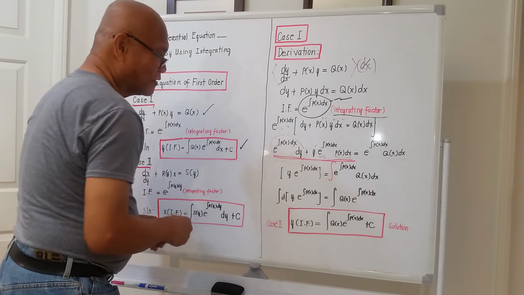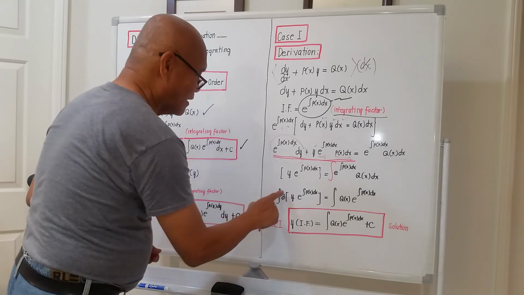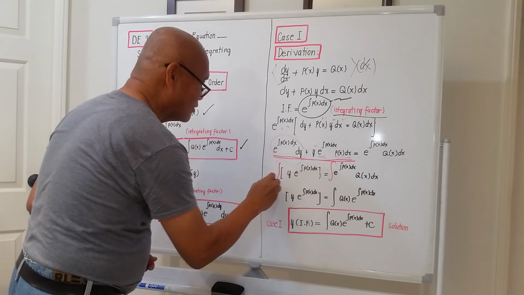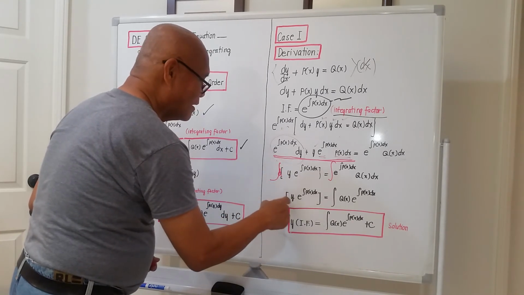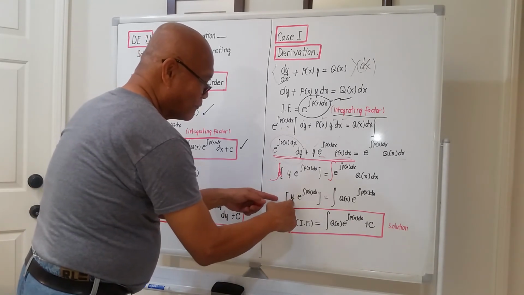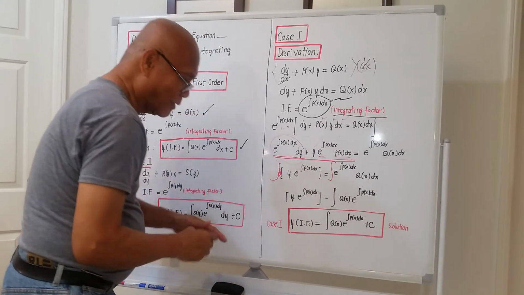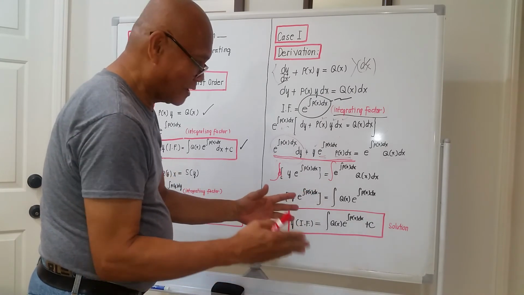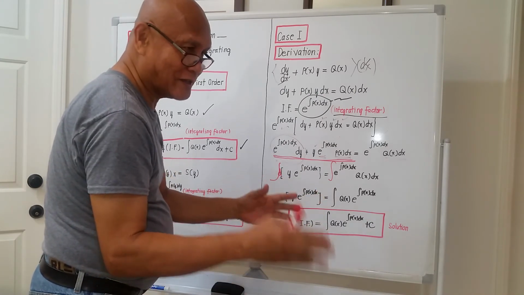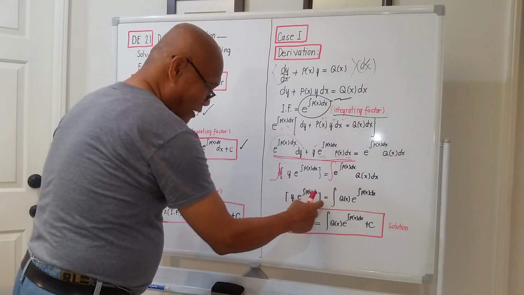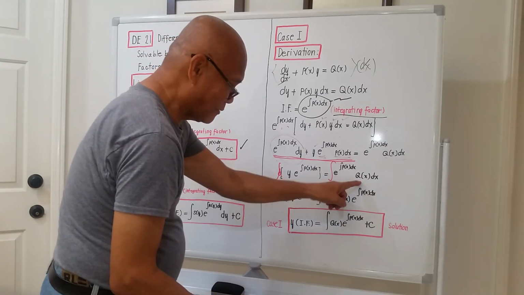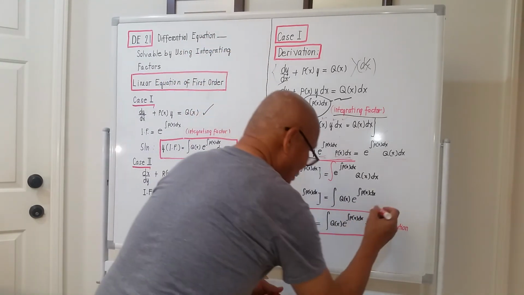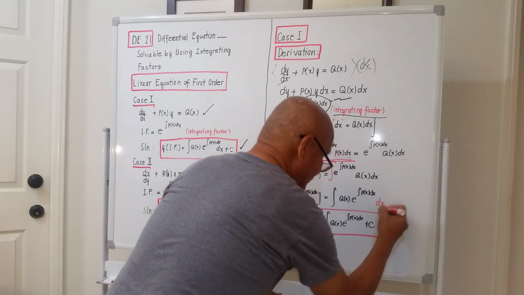So after taking the integral, what comes out is simply the product of the terms inside, equal to the right-hand side. We cannot do anything with it for the meantime since we do not know the value yet, so we just write it as it is: the integral of q of x times the integrating factor, which should be multiplied by dx.